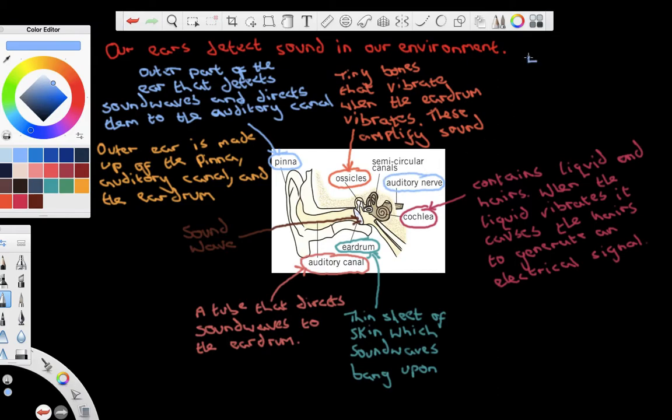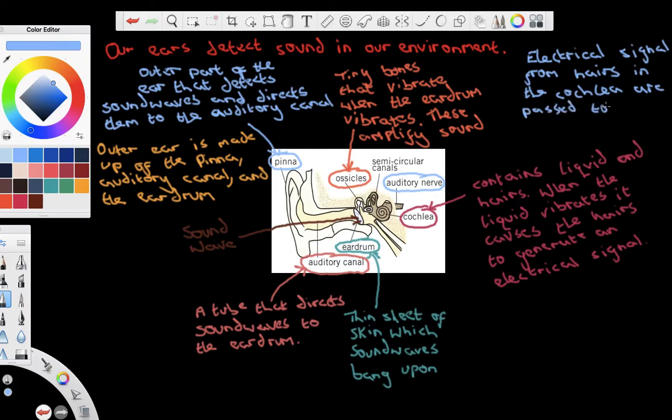And we can say that electrical signals from hairs in the cochlea are passed to the auditory nerve, which sends impulses to the brain.